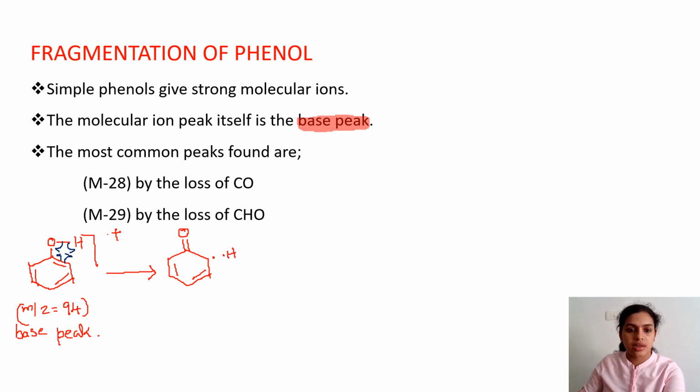This homolysis has taken place, so these combine to give a bond and the dot plus remains on the outside. Here just the rearrangement of this hydrogen and everything has taken place. So we are getting a species like this.